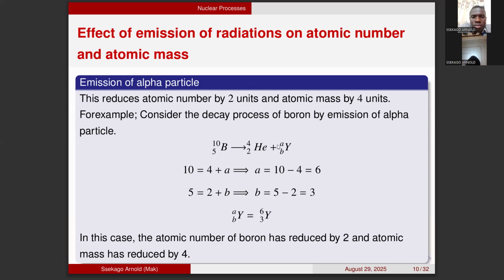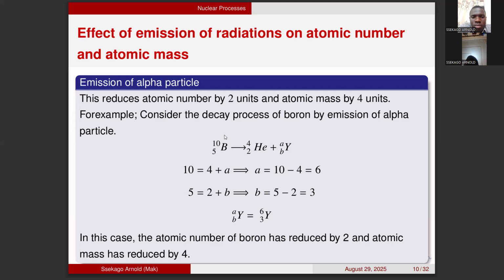Therefore, the Y you are seeing here will be equal to, up where I'm having A is 6, and down where I'm having B, we have 3. So what has happened? Boron has undergone a decay process.